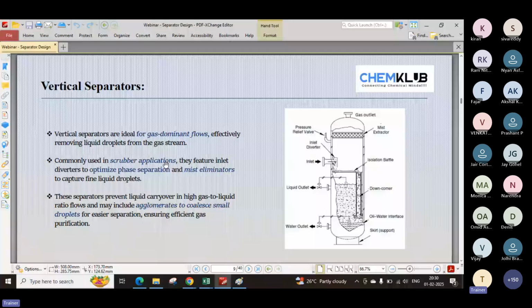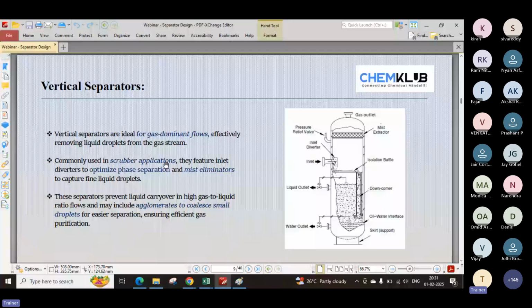However, it has been widely accepted across the industry, and generally people use 2 to 4% of incoming mass flow rate as the liquid flow rate while sizing the separator.